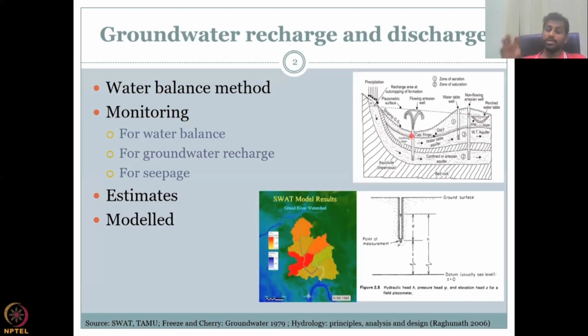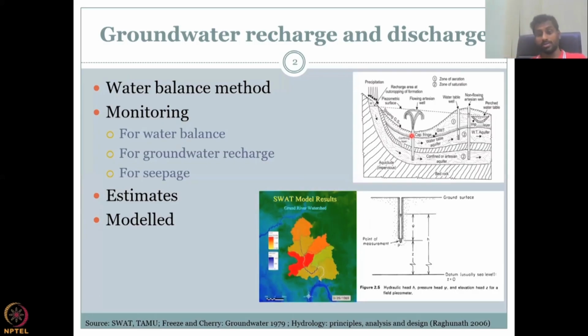You have multiple components and you can put values for each component based on the recordings of these meters and sensors. Then you have groundwater recharge monitoring, which is done by wells and the well level recorders or meters you use to record the well levels.